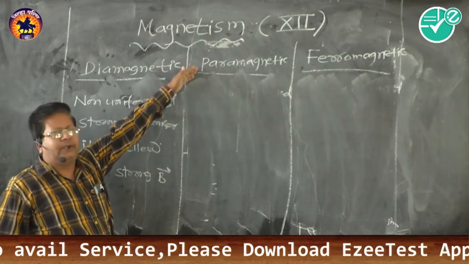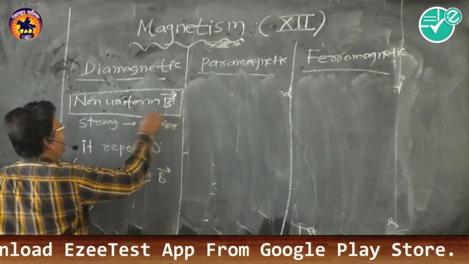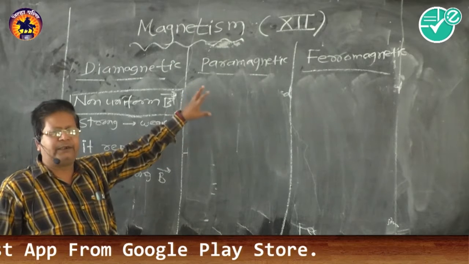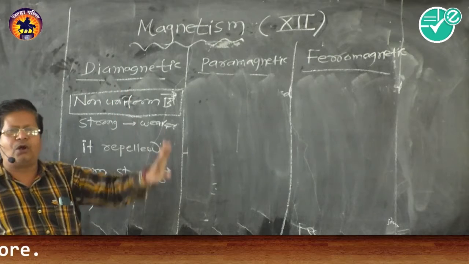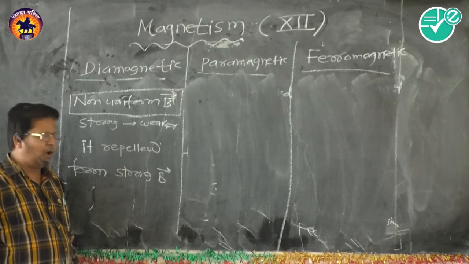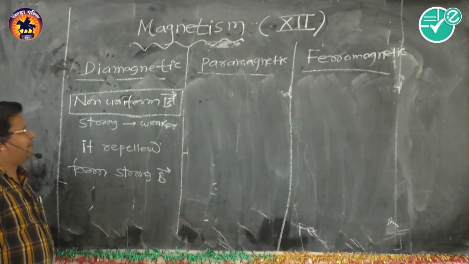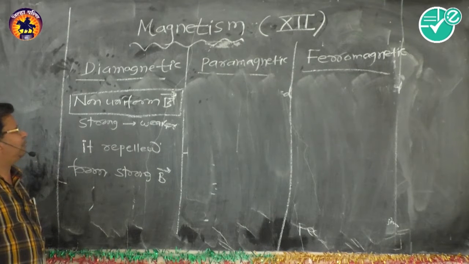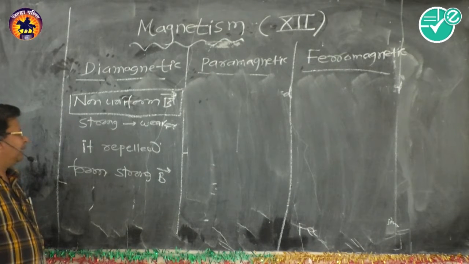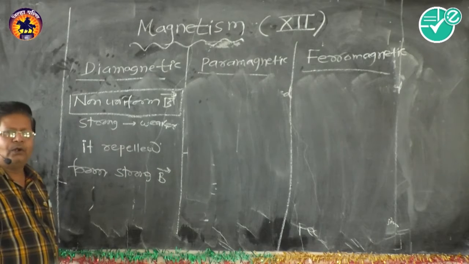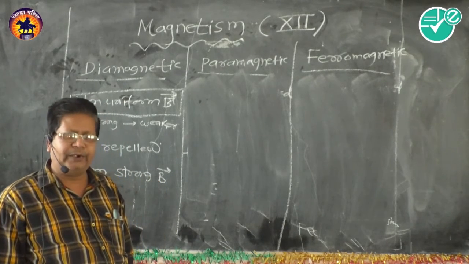If a paramagnetic substance is placed again in a non-uniform magnetic field, then it has a moderate tendency to move from the weaker part to the stronger part of the field. Or in other words, it gets attracted towards the region of strong magnetic field.